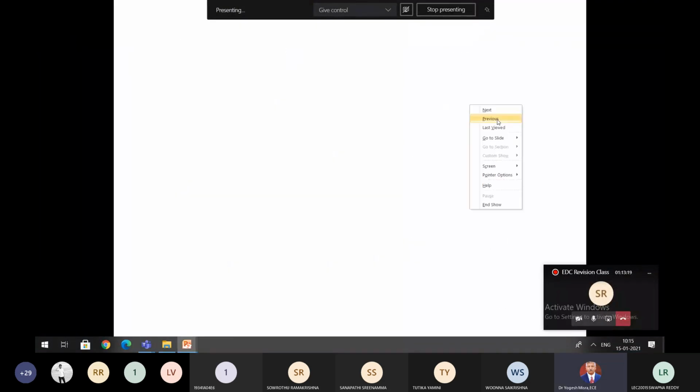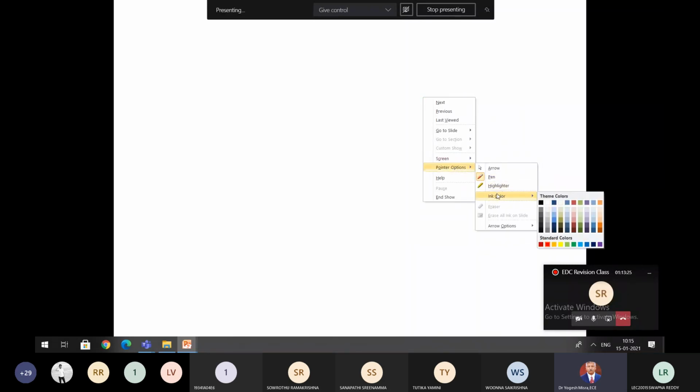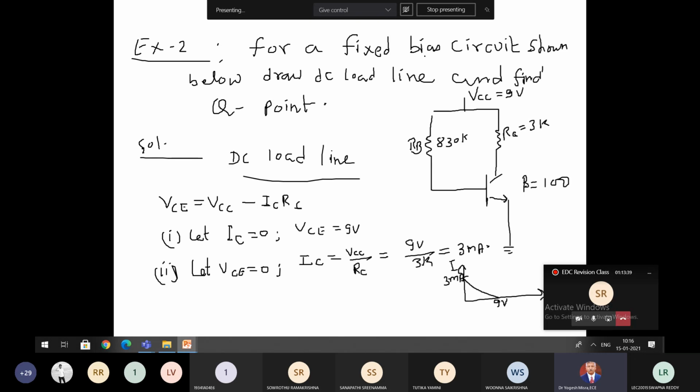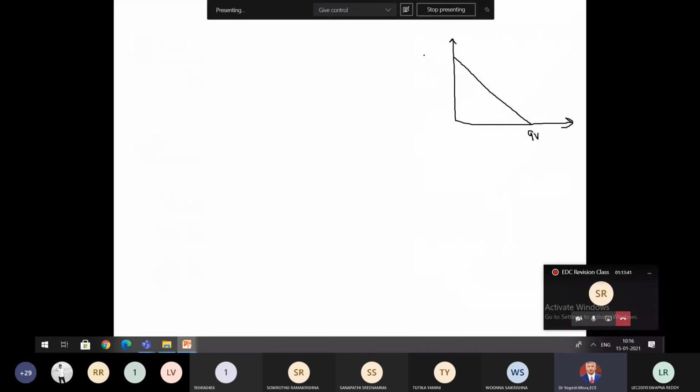Okay. See, we already got this DC load line. Nine volt, and 3 milliampere. Right?